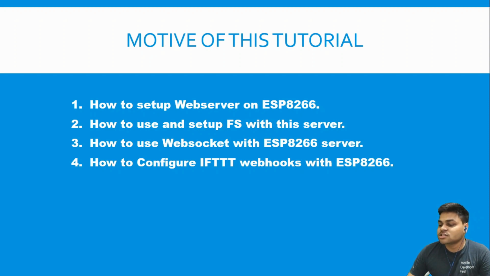The fourth point is the setting up of IFTTT webhooks. Basically we are sending data to IFTTT, and the IFTTT service will then trigger an email to our respective email, which we will see in the further part of this session.